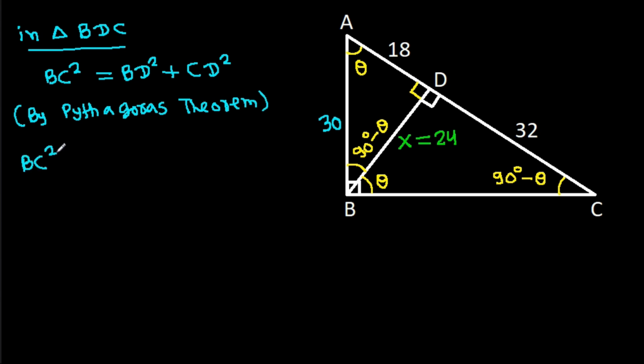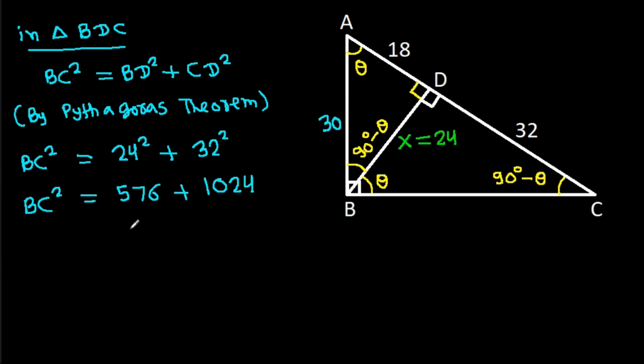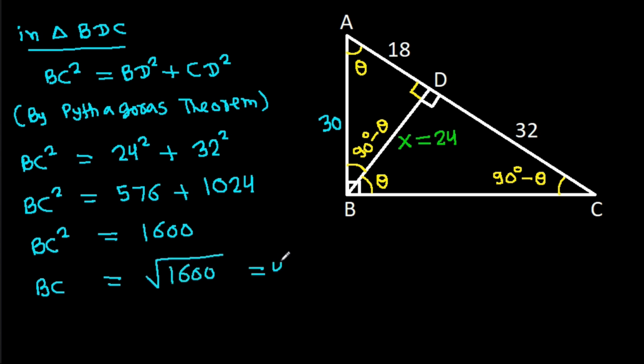So BC square, it will be equal to BD is 24 square plus CD is 32 square, and BC square, it is 576 plus 1024, and BC square, it is 1600. So BC, it will be a square root of 1600, that will be 40. So BC is 40.